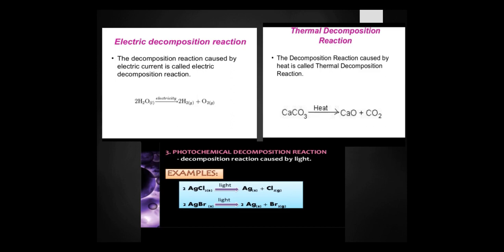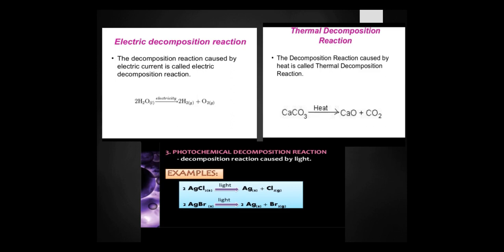Now next is electric decomposition reaction. Electric decomposition reaction is the process in which a compound in its aqueous solution or in the molten state is decomposed by the passage of electricity. It is called electrolytic decomposition, or simply we can say electrolysis. We have read about electrolysis.